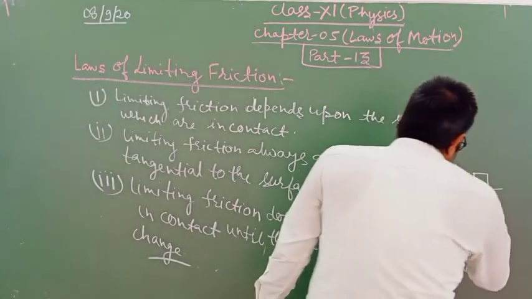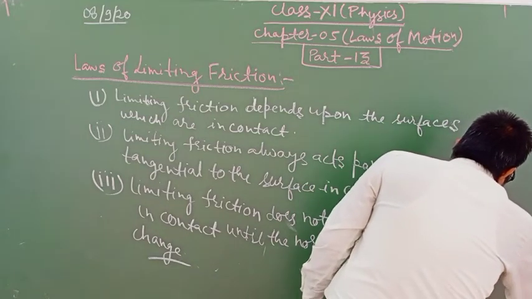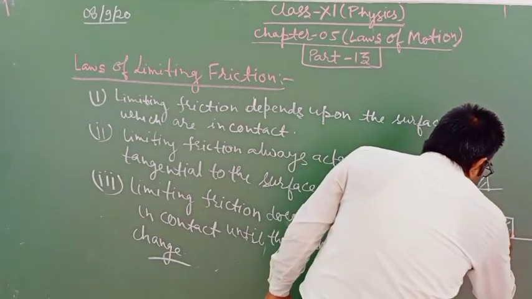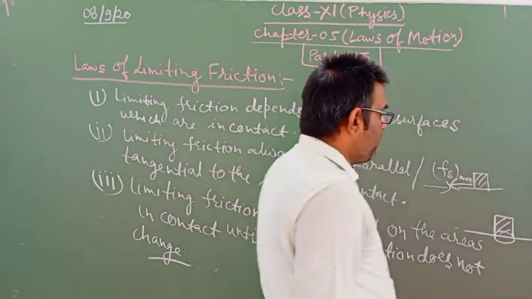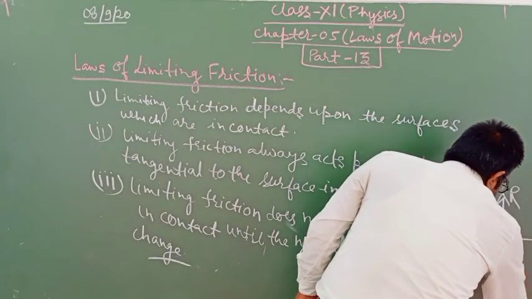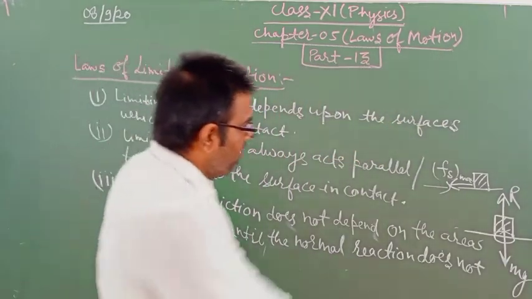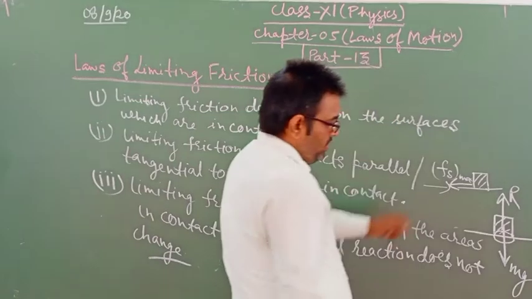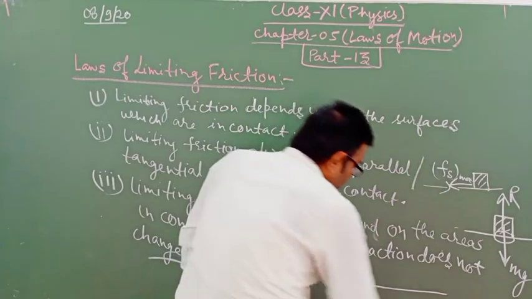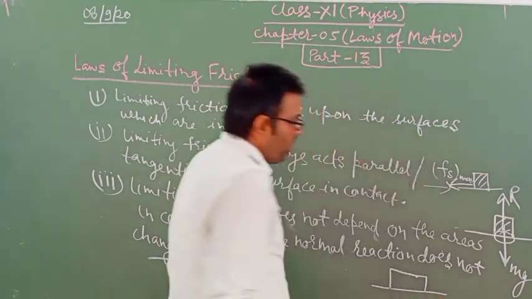Means to say that if there is a block kept over this surface, then this is the area of contact, this is the normal reaction, and this is the weight mg. Now suppose this is the rough surface, and on this rough surface we had kept a block of this area.